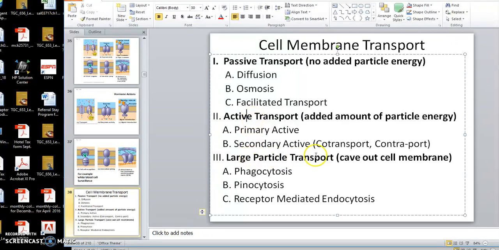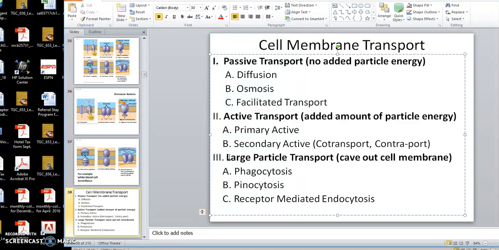Now, I put this in large particle transport. Let me kind of explain what that is. If we were in the classroom, let's say there was some large device in our classroom that was too large to be carried through any of the existing doors, but we needed to get it out of the classroom.